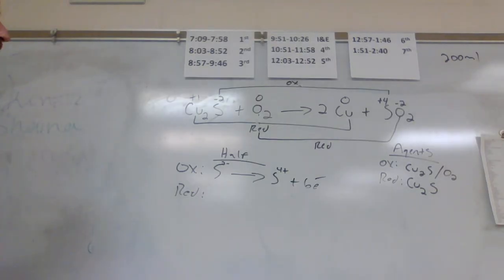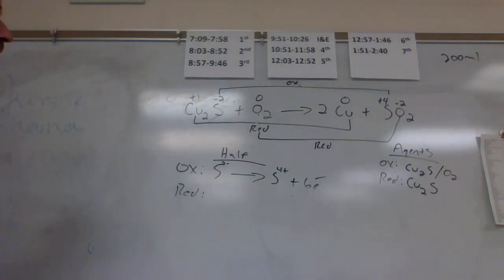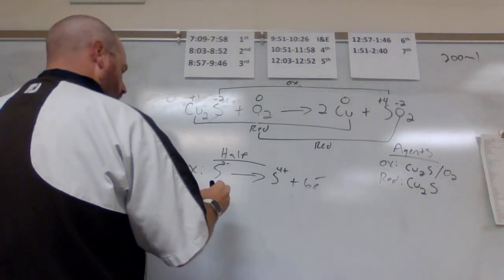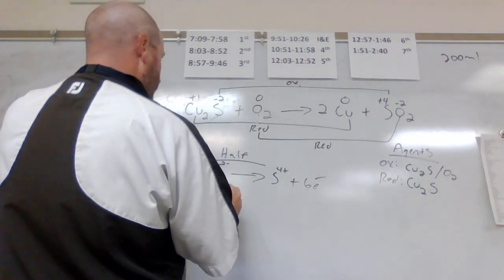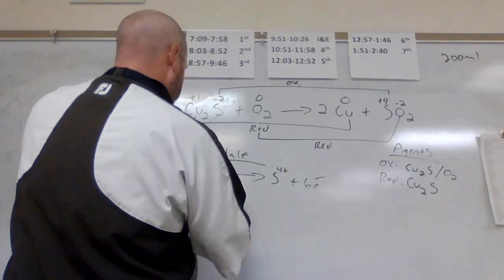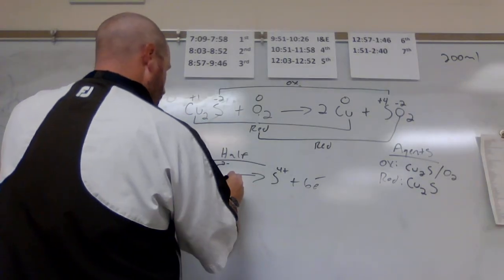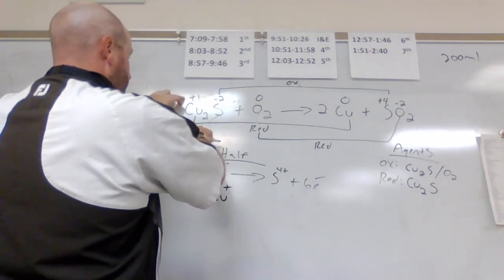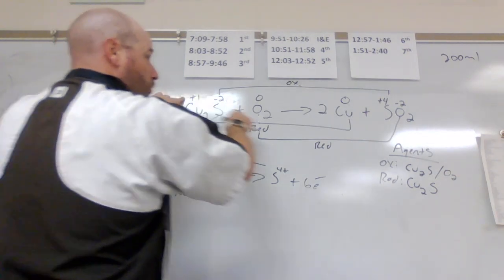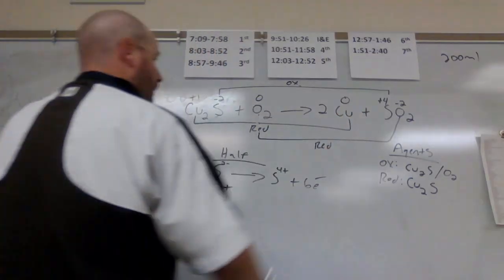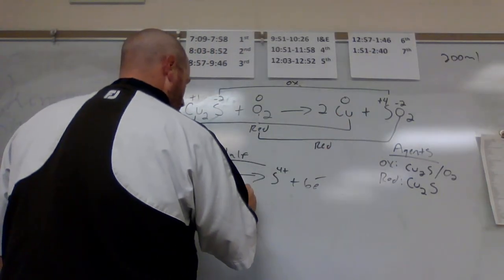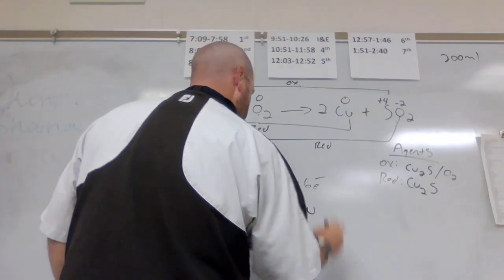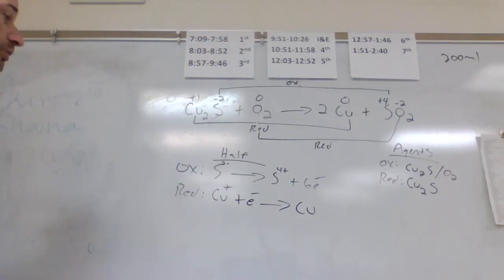Now we'll look at our first reduction, which is our copper. So we're going to go Cu plus. The difference between +1 and 0 is 1, so we're going to add 1 electron, which gives us Cu straight up, no charge.